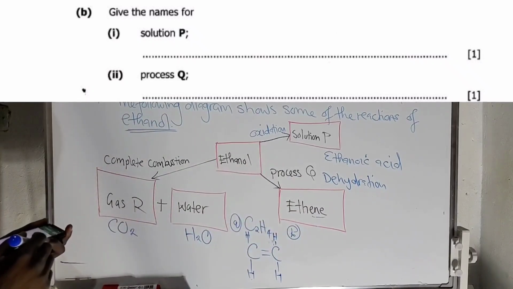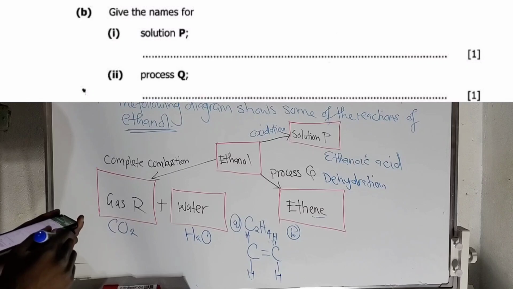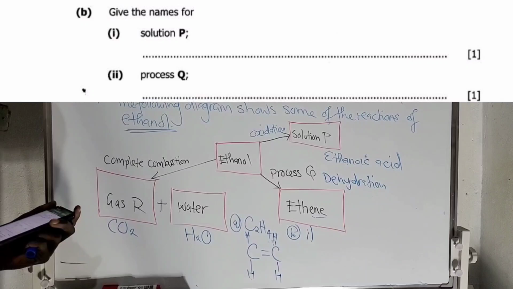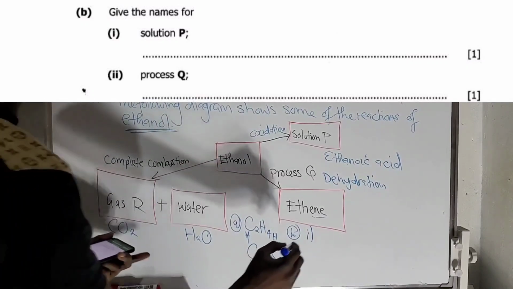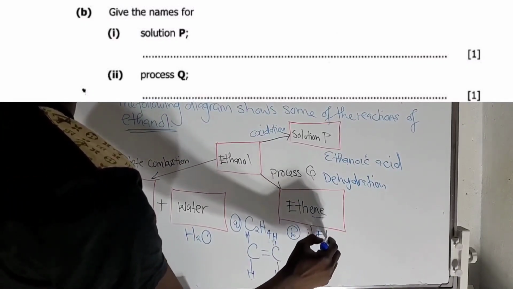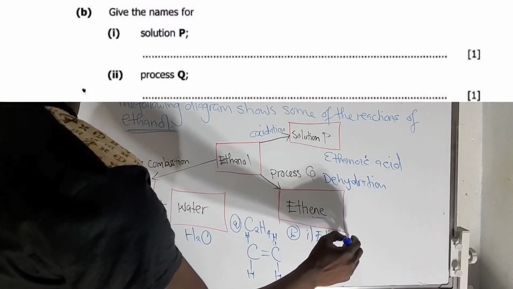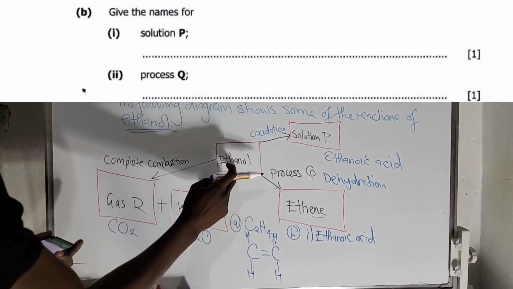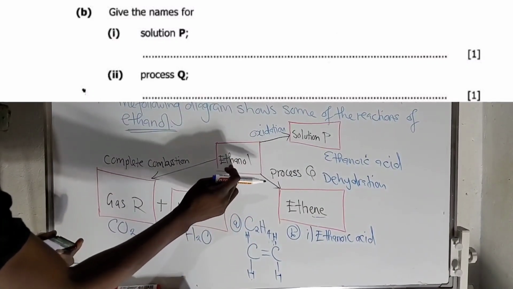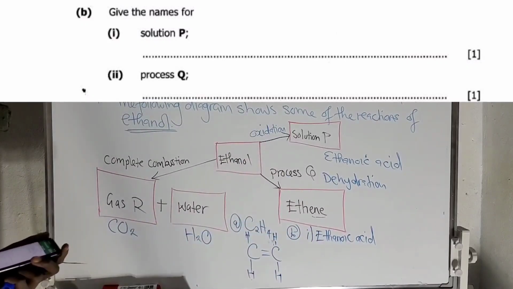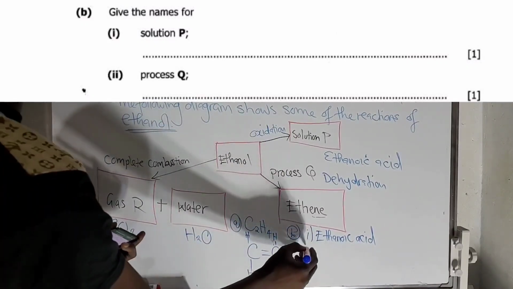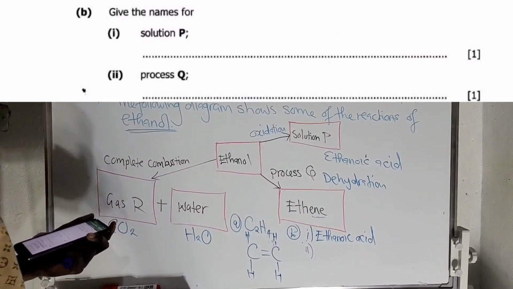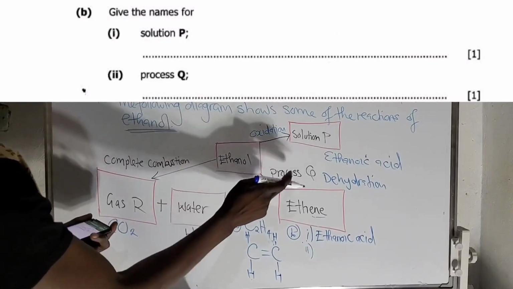Then the second question, which is question B, says give the names for one, solution P. Solution P is ethanoic acid. When ethanol is oxidized, when oxygen is added to ethanol, ethanoic acid is formed. Number two, give the name of process Q. This is dehydration.